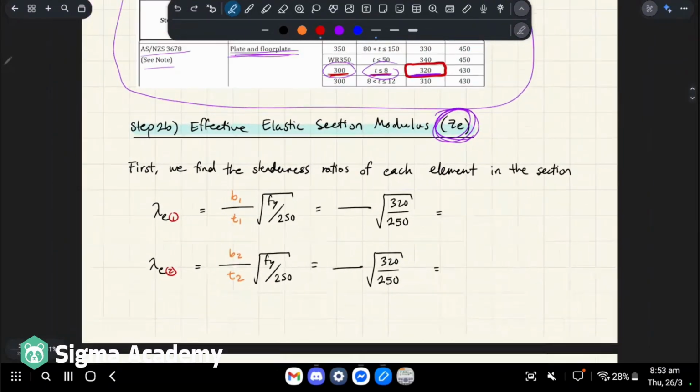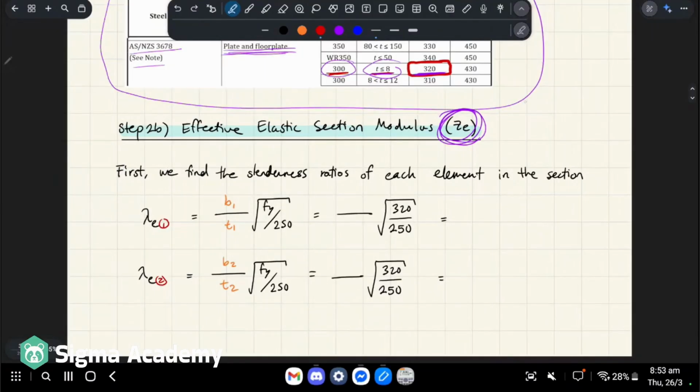Now, I know we talked about this a little bit during the compression topic. We talked about the idea of local buckling, and it's very similar for flexural buckling. I'll explain that a bit more as we go, okay?